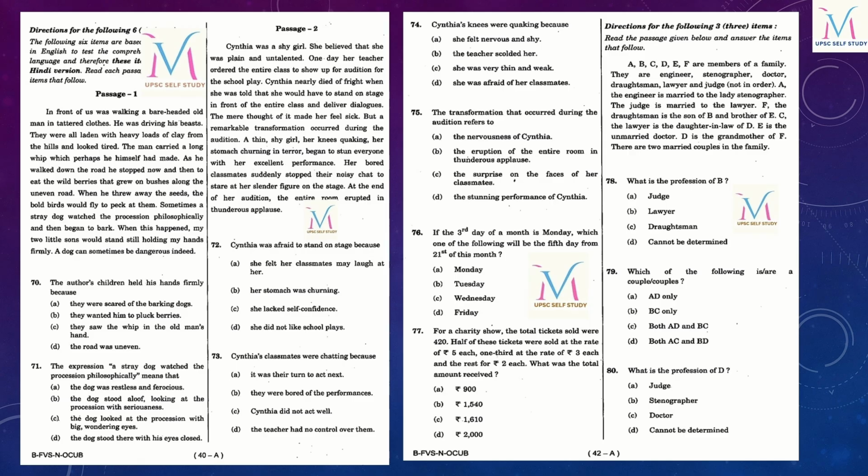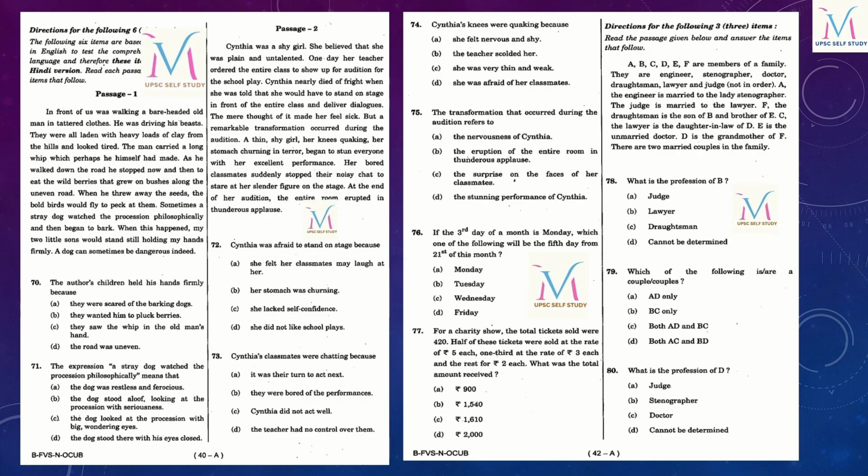C, the dog looked at the procession with big, wondering eyes. D, the dog stood there with his eyes closed. If you read the passage, you can understand. So for question number 71, the answer is B. The dog stood aloof, looking at the procession with seriousness.